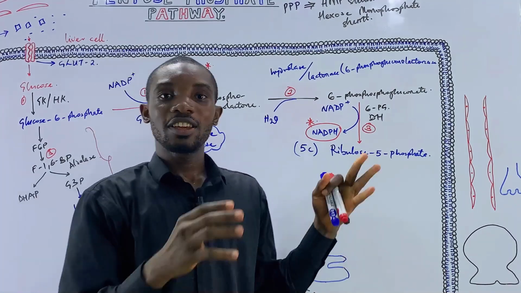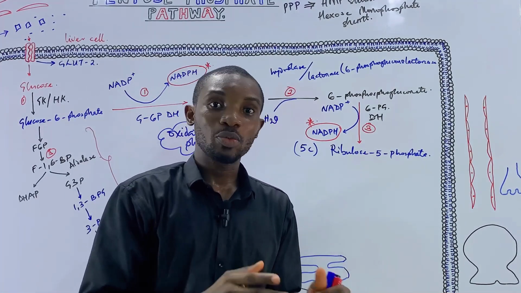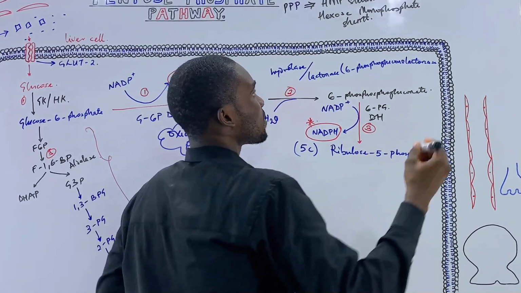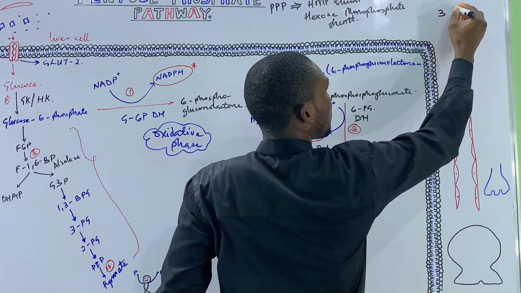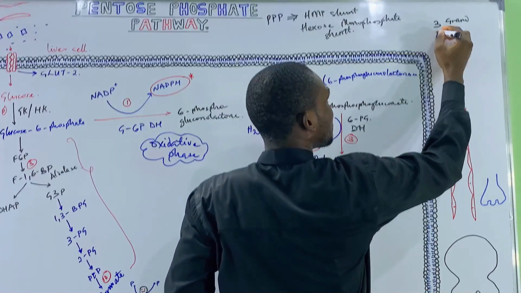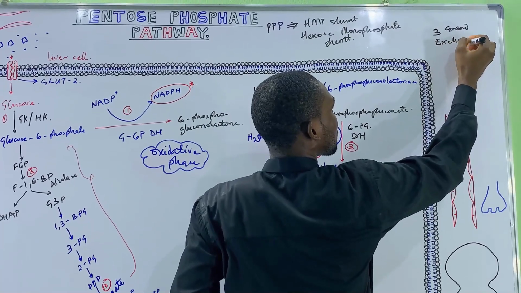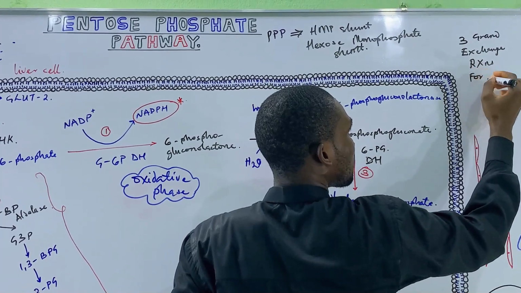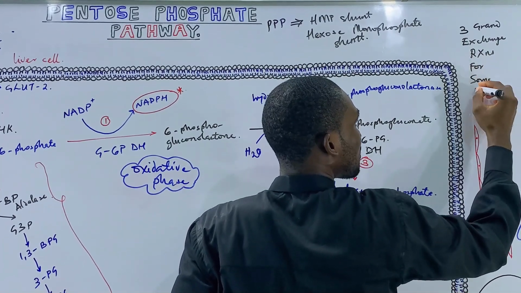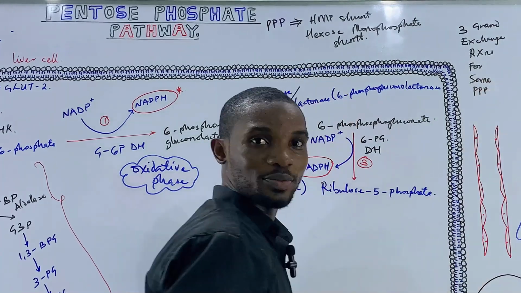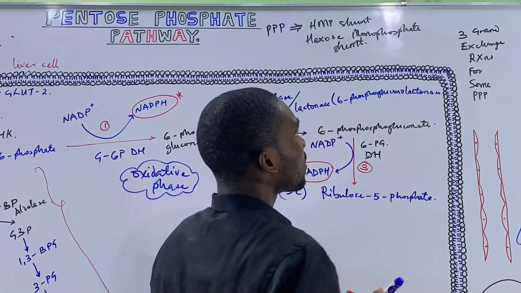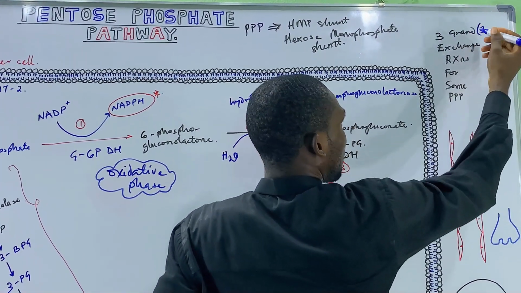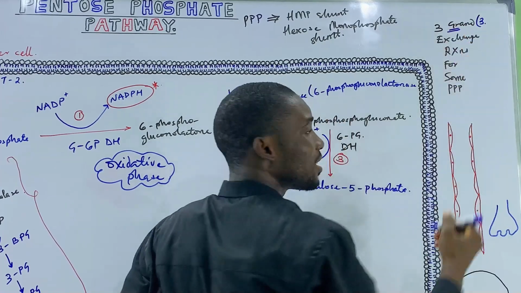Now we'll talk about the non-oxidative phase, that's your reversible phases of PPP. And I'll show you a mnemonic which you could use to remember it. The mnemonic goes like this. 3 grand exchange reactions for some PPP. So the 3 is for 3 carbon, and then it represents glyceraldehyde 3 phosphate.